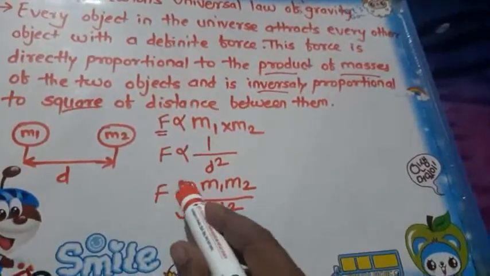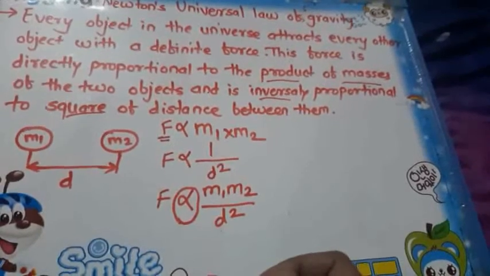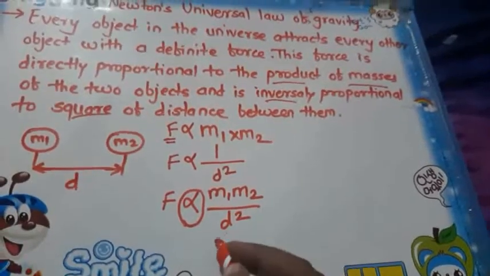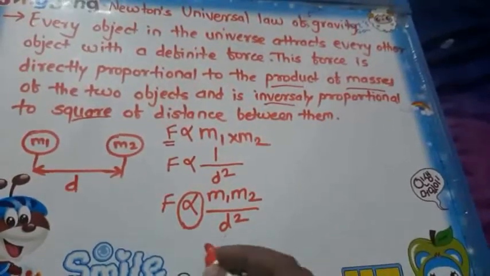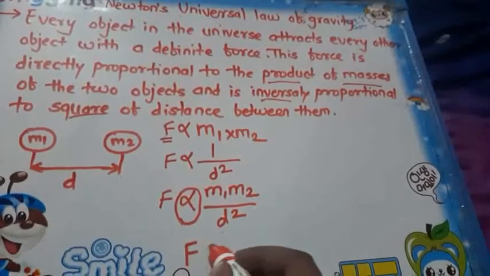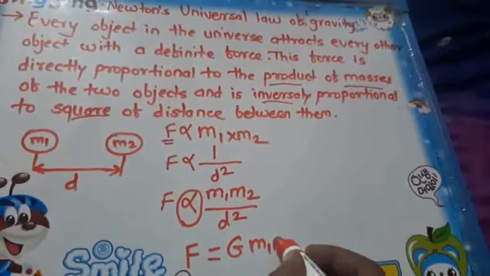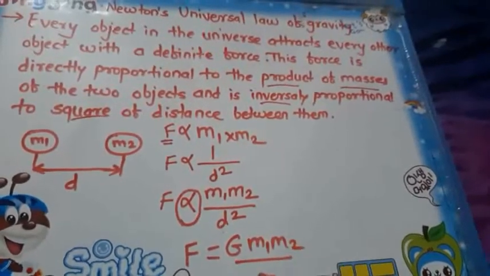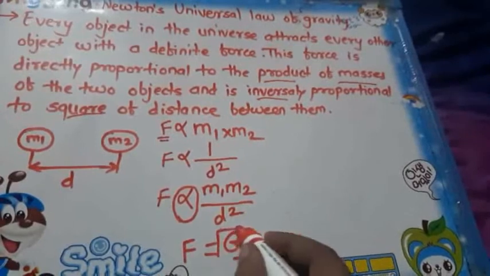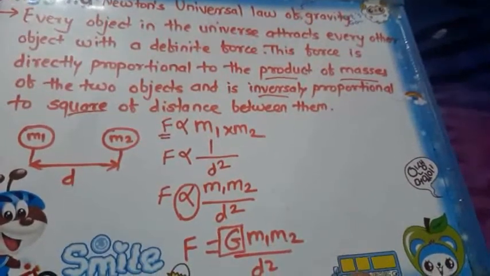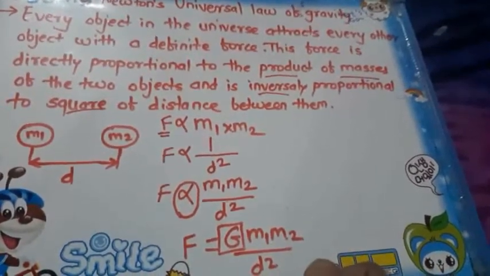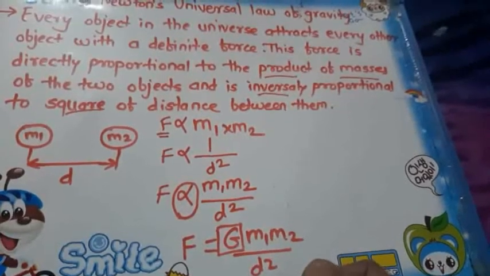Now this proportionality sign can be removed by introducing a constant. So F is equal to capital G m1 m2 divided by d square, where G is a constant. This constant is known as the gravitational constant.